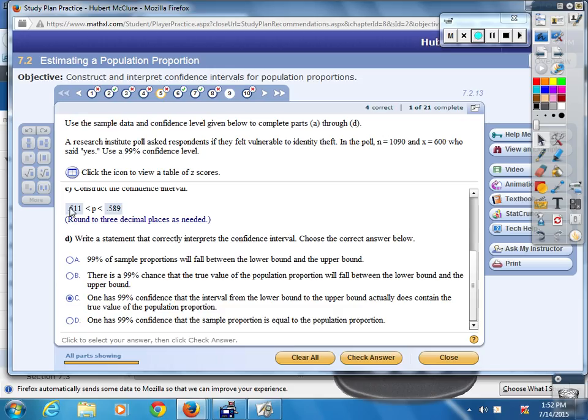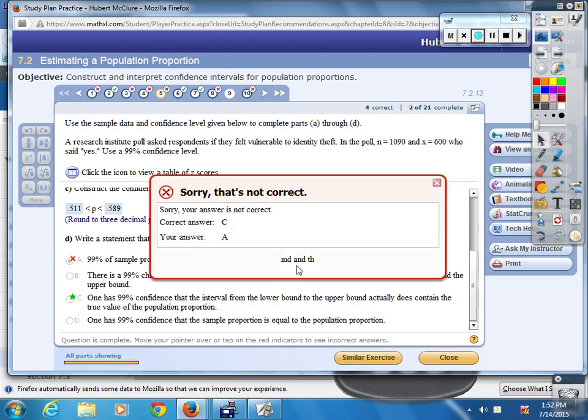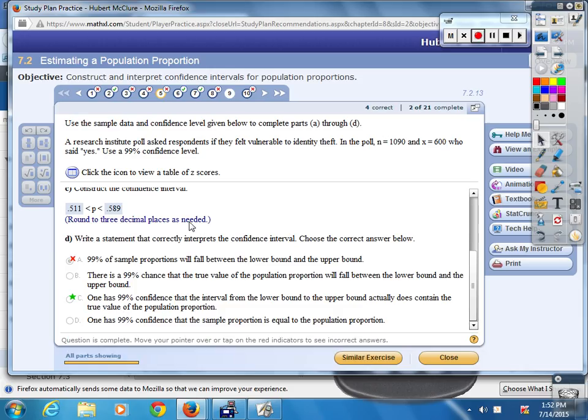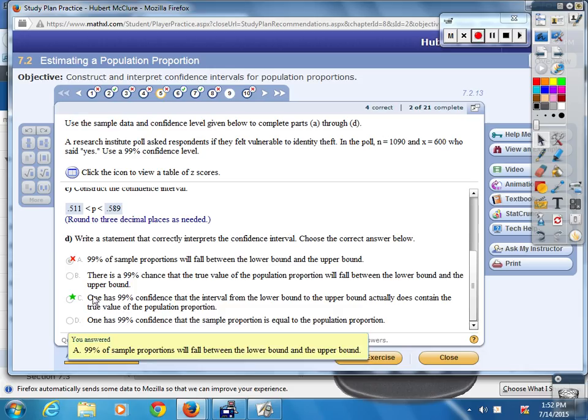Well, they do fall between the upper bound and lower bound, but my problem is I don't know which is better. One has 99%. So let's go with one. Remember when you do this question on a test or homework, go with the one that has the 99% confidence level. The reason I didn't pick D is because it's equal to the population proportion. That's not right. It's between the upper bound and the lower bound. And that's why I picked this one to begin with.